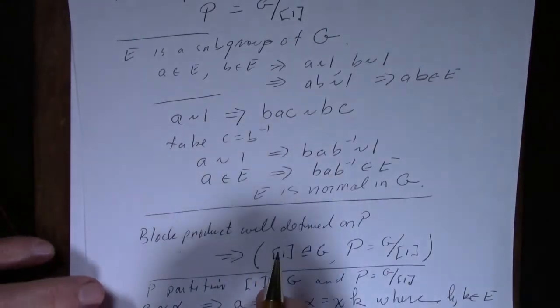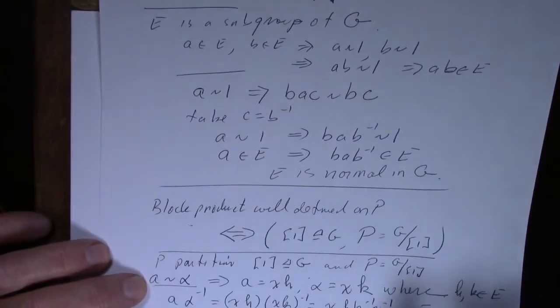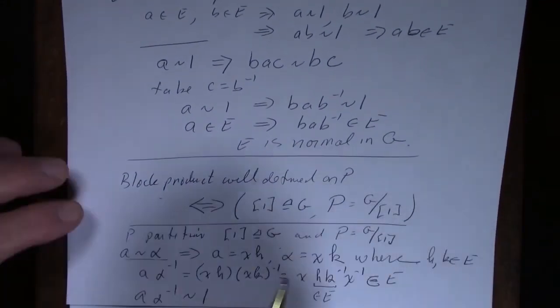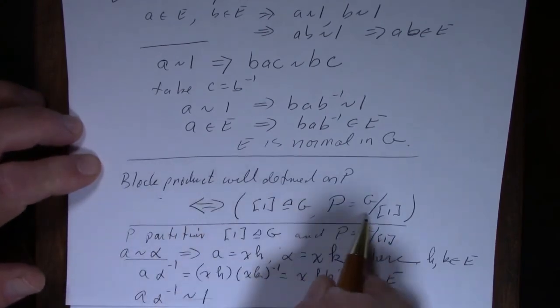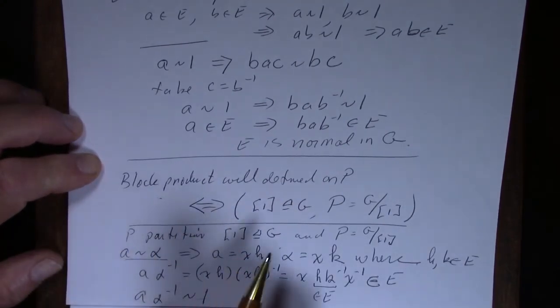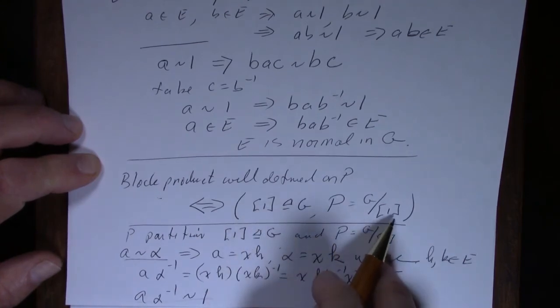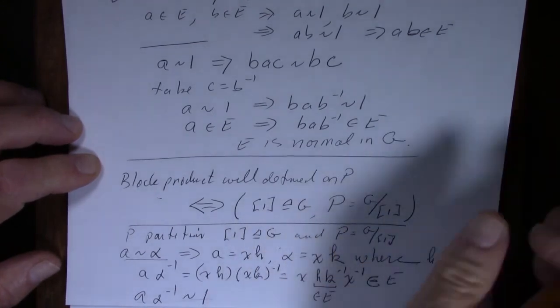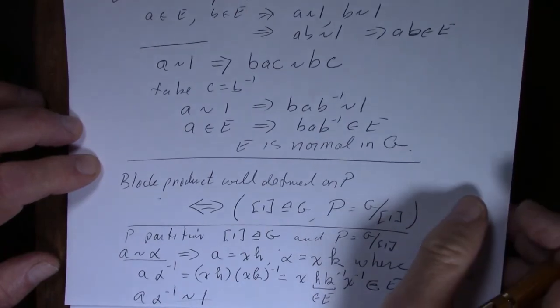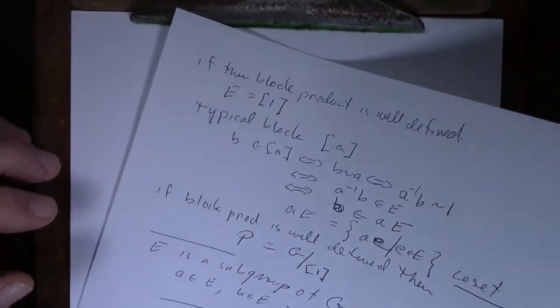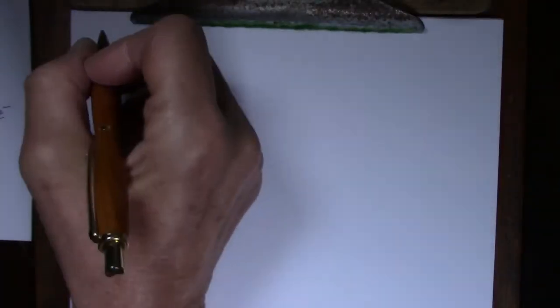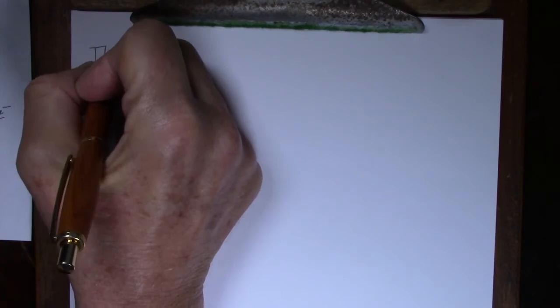We can actually make this a biconditional. The block product is well defined if and only if the special block is normal and the partition is in fact the collection of all cosets. So that is the final portion of our theorem, and I'm going to write it down for you.